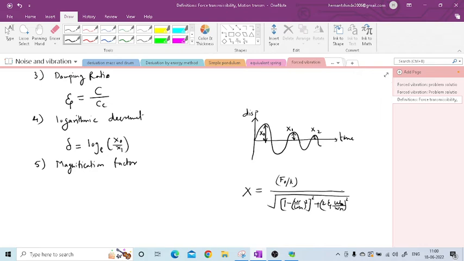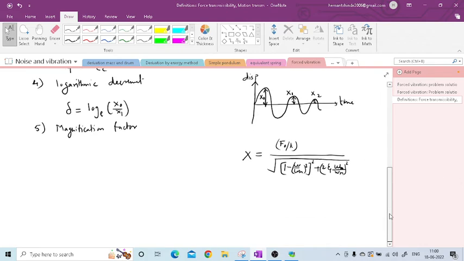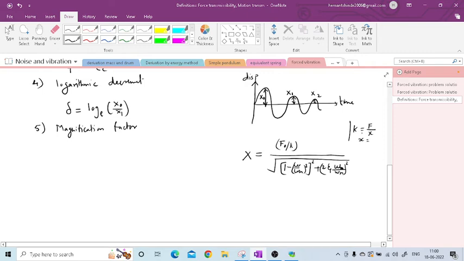Now this F0 is nothing but the force impressed on the system, and that is the maximum force, divided by k. So if you know the stiffness, then stiffness is nothing but force divided by displacement. So ultimately displacement is equal to force divided by stiffness.